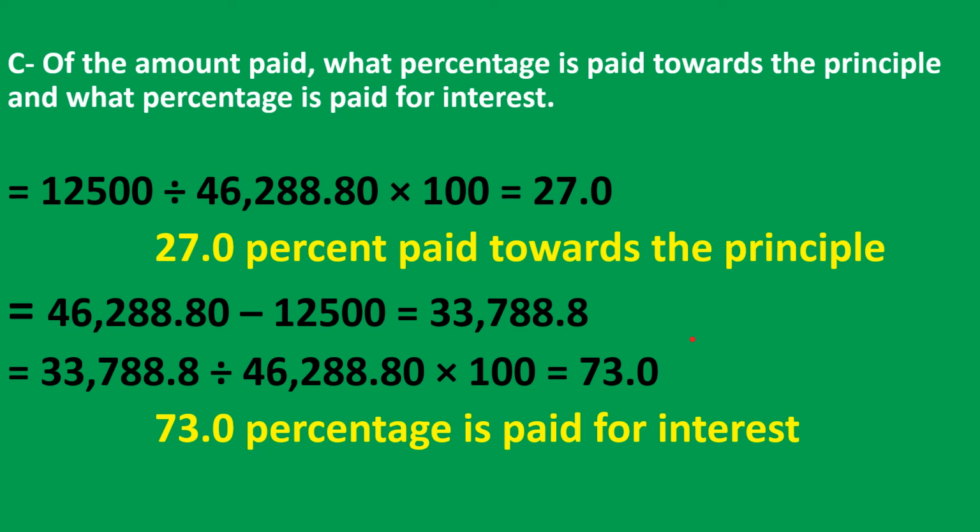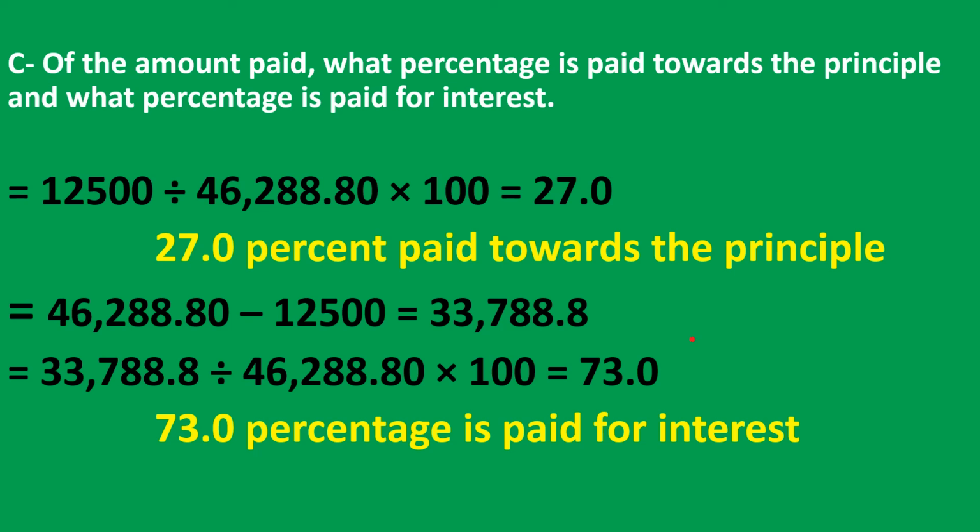For the second part, what percentage is paid for the interest, we will take the total amount which we solved in the B part, 46,288.80, and subtract the principal. What we get is 33,788.8.